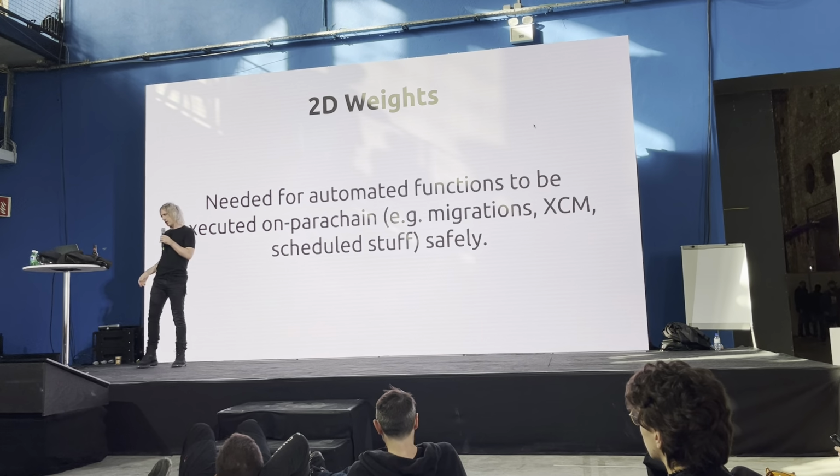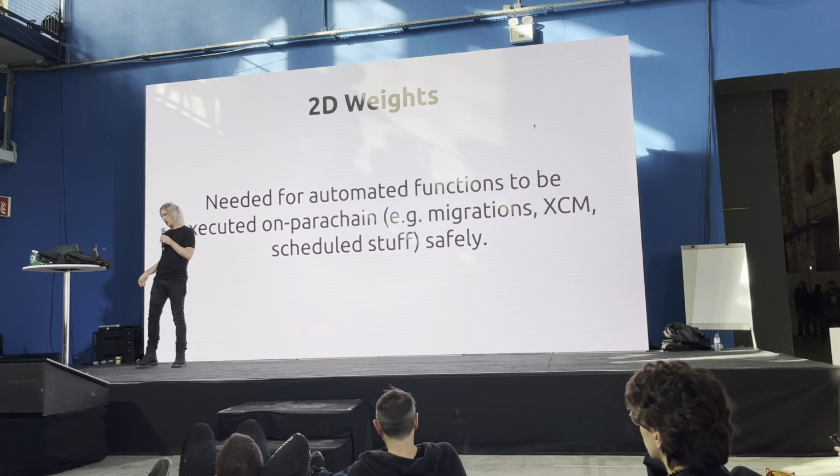Now the problem is that if you have a transaction, it may not take very much time, but it may end up having a huge footprint inside of this proof of validity, this data chunk that has to go to the validator. And this can open up your parachain to DOS attacks.